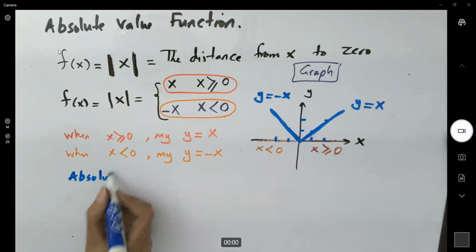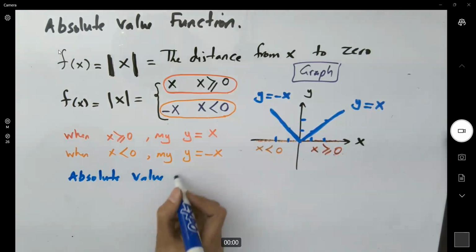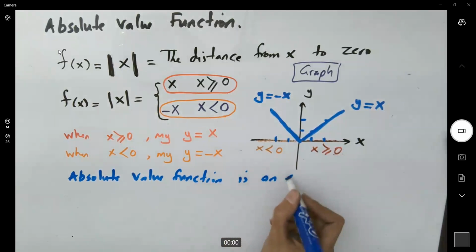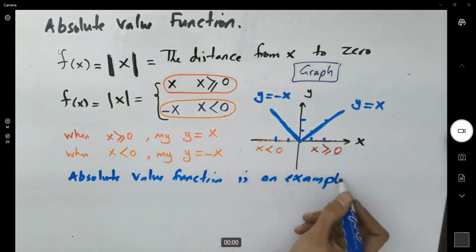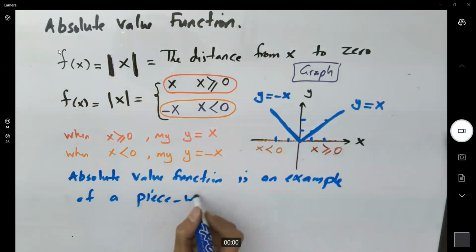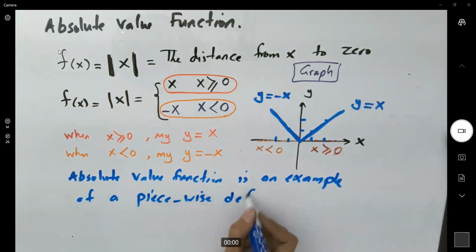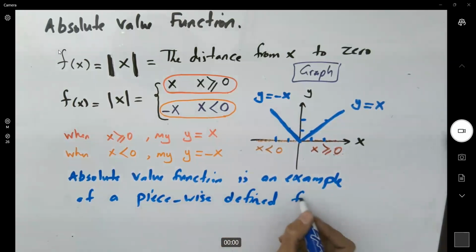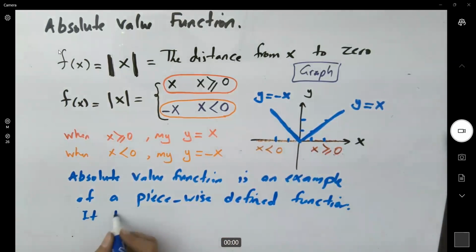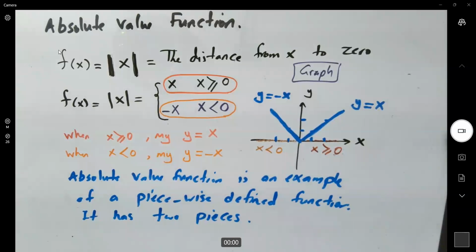The absolute value function is an example of a piecewise defined function. It has two pieces. That's why we call it a piecewise defined function.